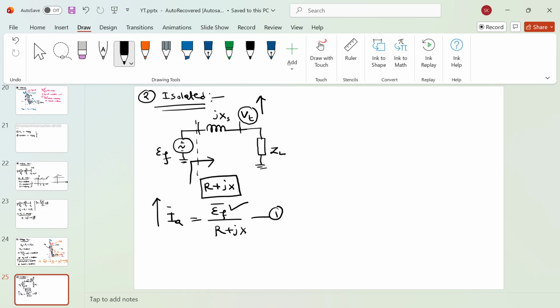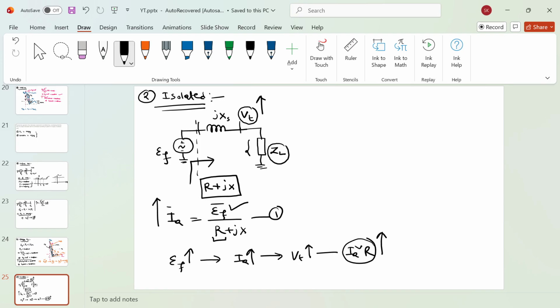Depending on the current, the load power will be decided, because load power will be consumed across R. So if you increase EF, then your IA will increase, your terminal voltage will increase, and your load power, IA squared R, will also increase. So this will be the case if I consider the load as a constant impedance load.